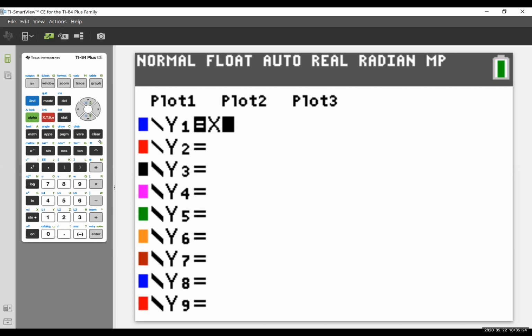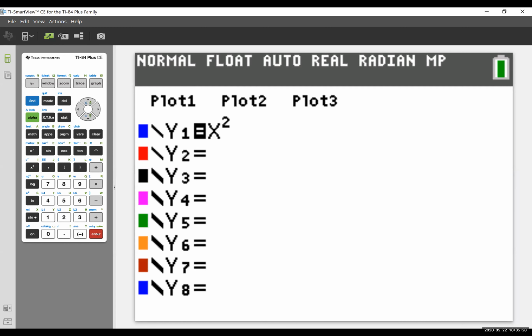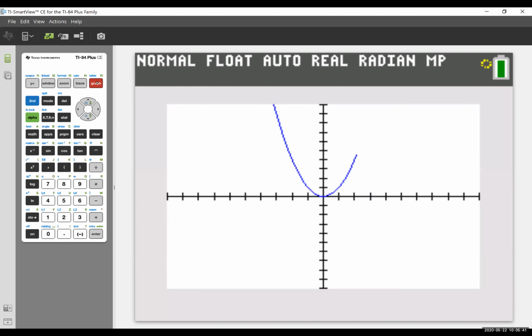Let's choose that x. We'll square it. And then let's also draw the tangent line as y equals 2x minus 1. And I know I have a standard viewing window. It should help a little bit, and it does appear that we have the tangent line.